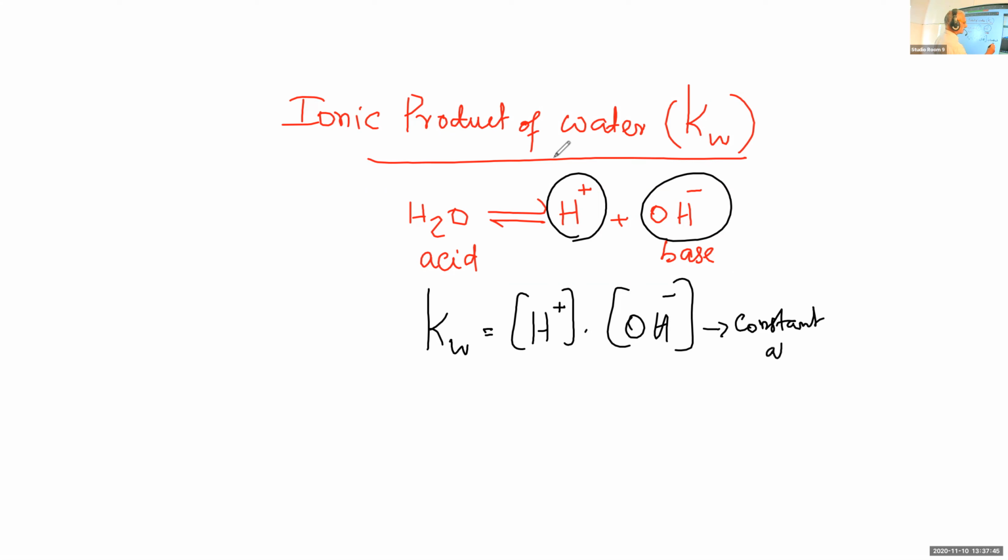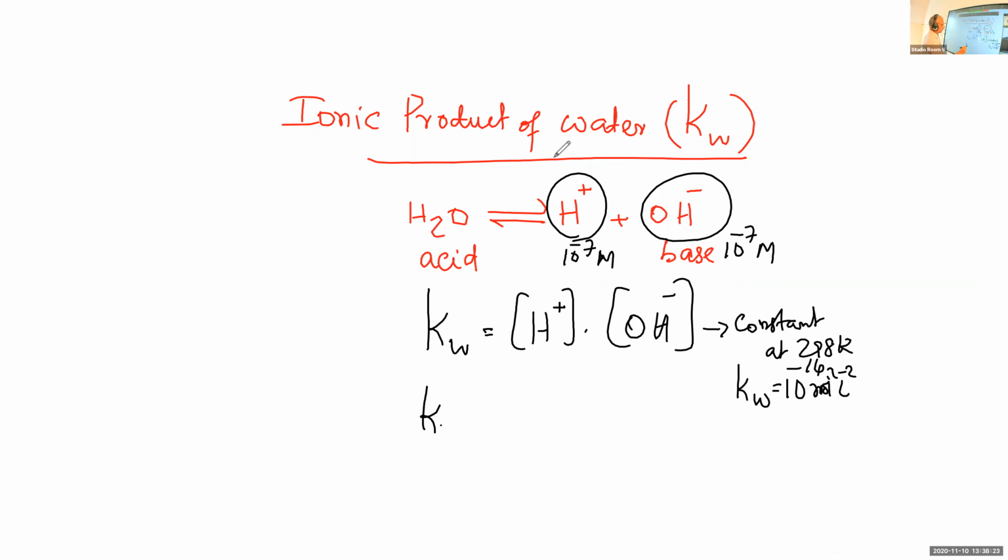At 298 Kelvin, the ionic product of water, Kw, is equal to 10 raised to minus 14 mole square per liter square. See, the concentration of H plus is equal to 10 raised to minus 7 mole per liter. OH minus, the same value, 10 raised to minus 7 mole per liter.